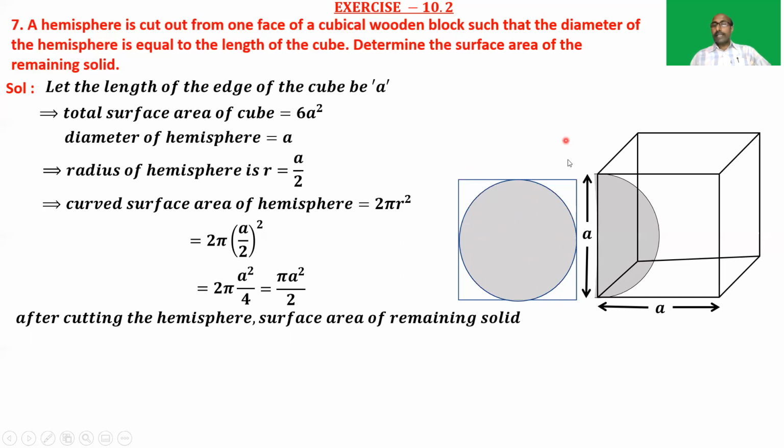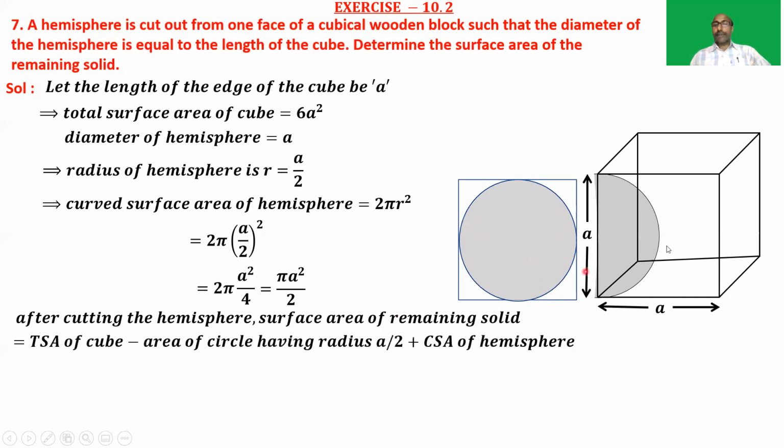The remaining surface area is equal to the total surface area of the cube minus the area of a circle having radius a by 2, because the diameter of the circle is a.